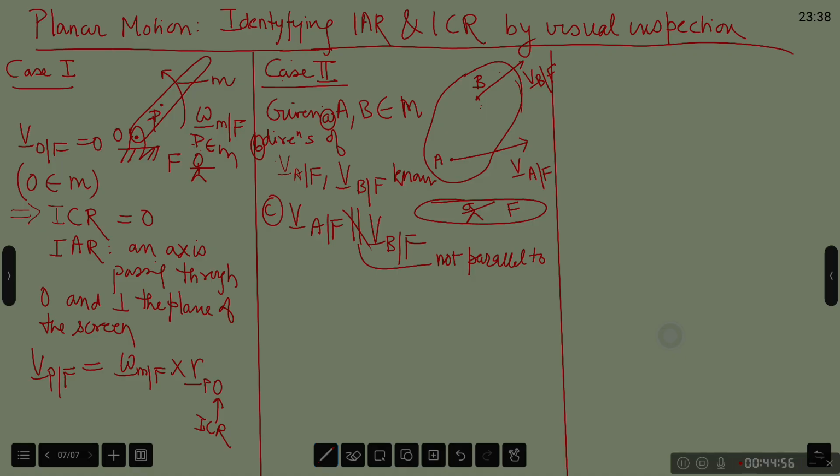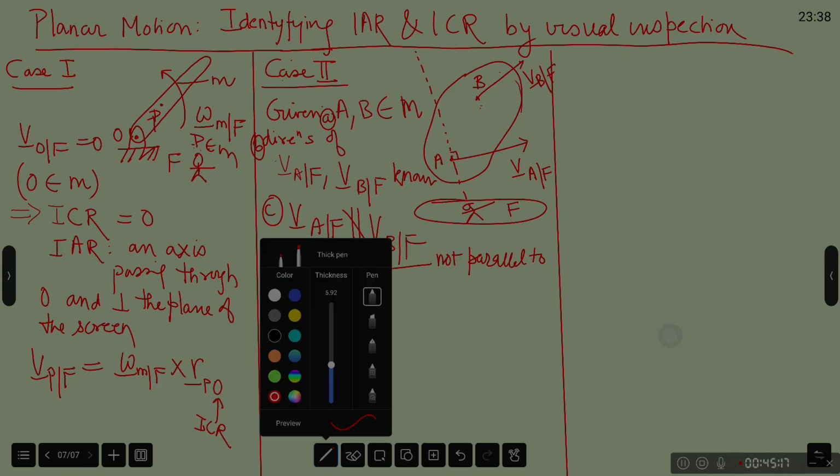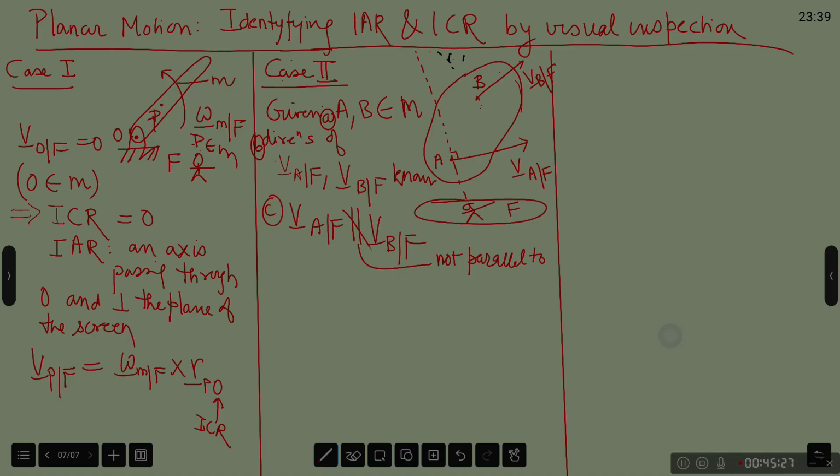In this case, what we need to do is first you go to point A and draw a line which is perpendicular to the velocity vector at A, and then you go to point B and draw a line perpendicular to VBF.